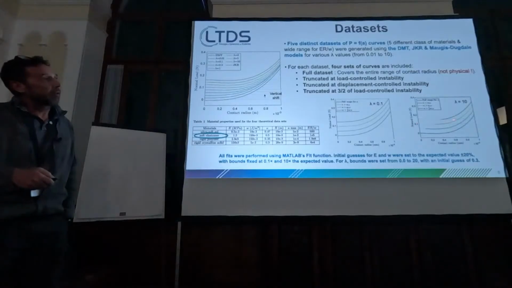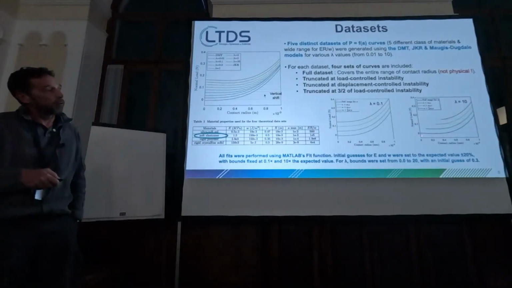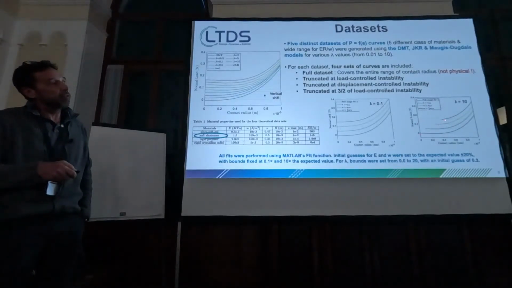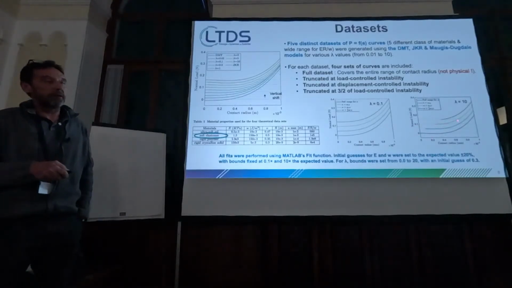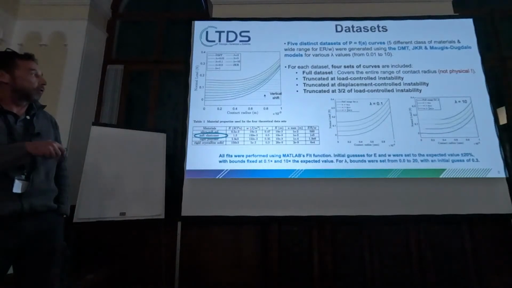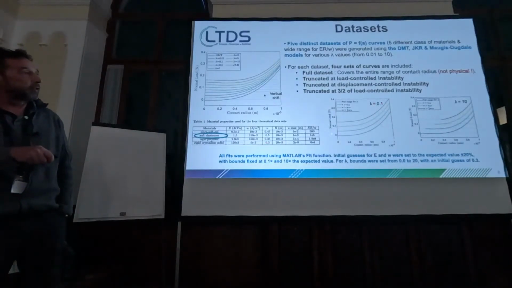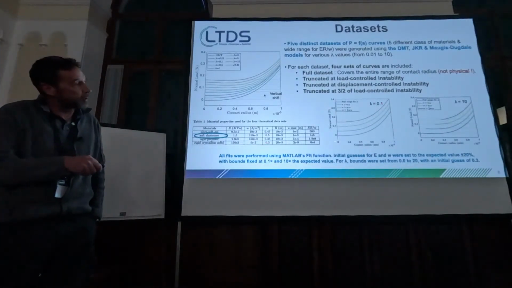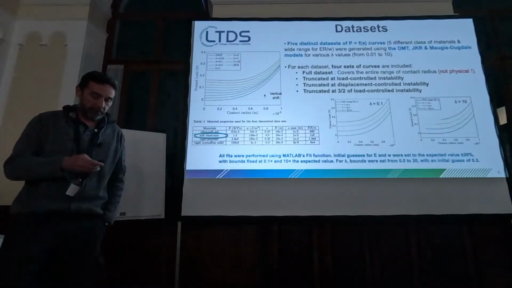You can see that at high Tabor parameter, the truncation has an important effect on your curve because you lose nearly all the negative part of your curve. At low Tabor parameter, so close to DMT, the truncation is quite insignificant.